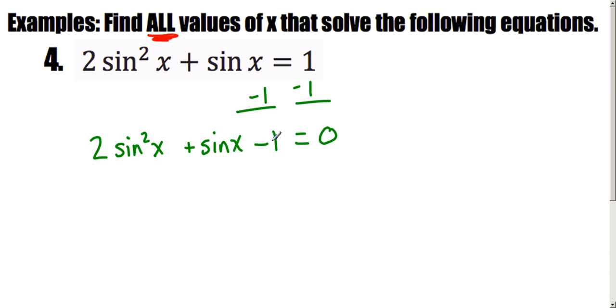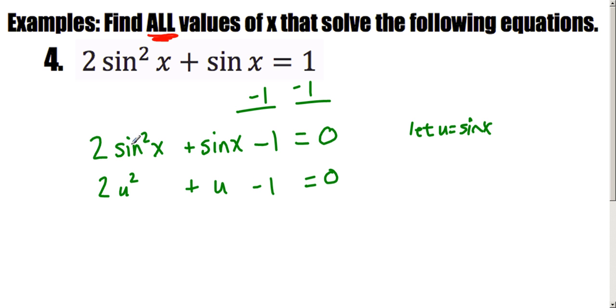So now what kind of an equation does that look like? We've got a squared term, a term of the first power, and then a constant. It looks like a quadratic. When we did our little mini factoring unit at the end of the first quarter, we did something called u substitution, where we let u be sine of x, and we sub in u, so we've got 2u squared plus u minus 1, and this looks a lot more like a quadratic function.